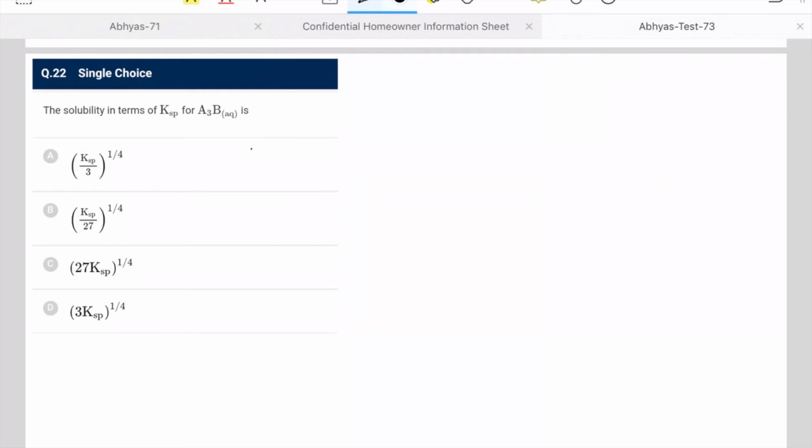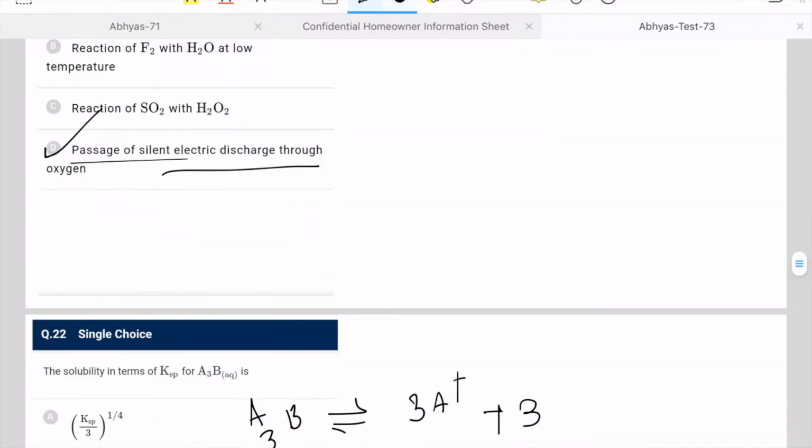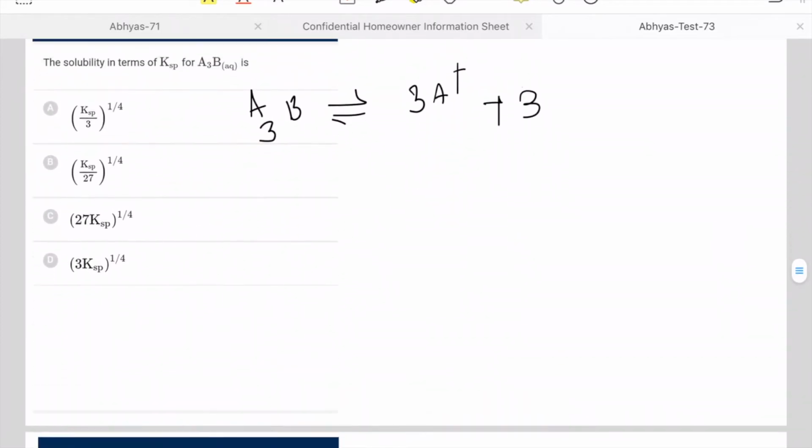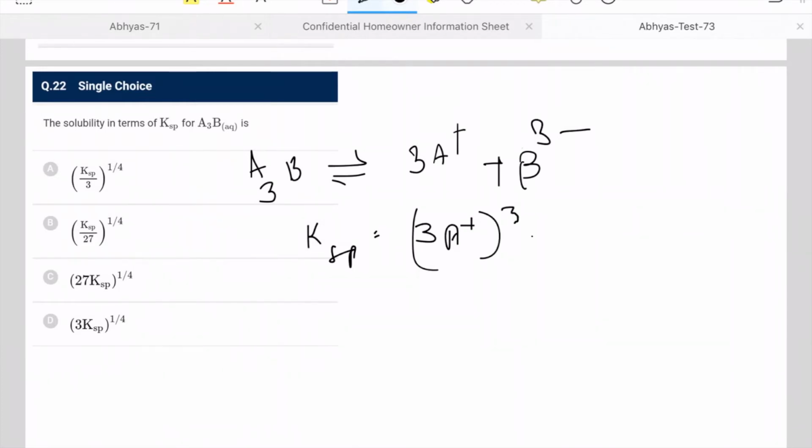An A3B type of salt will dissociate like 3A+ and B3-. So Ksp is equal to [3A+]^3 [B3-] only.